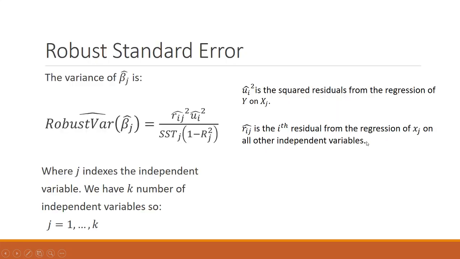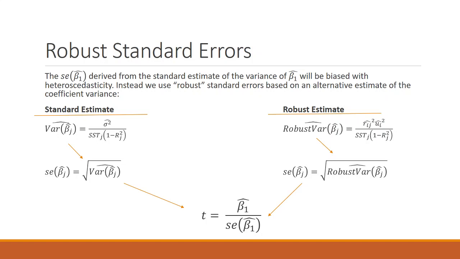All right, and then this is how we estimate. We just use a slightly different calculation to calculate the robust variance of the coefficient estimate. And then we use these robust standard errors instead of the conventional standard errors. And that solves our problem.